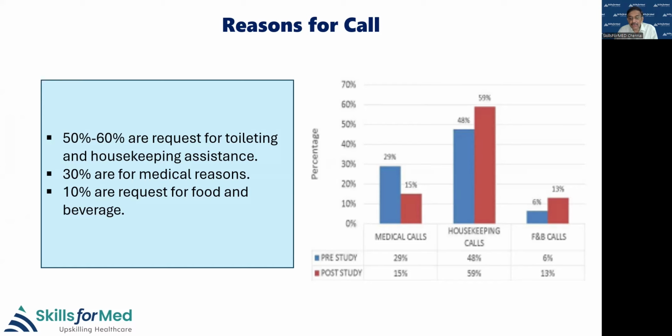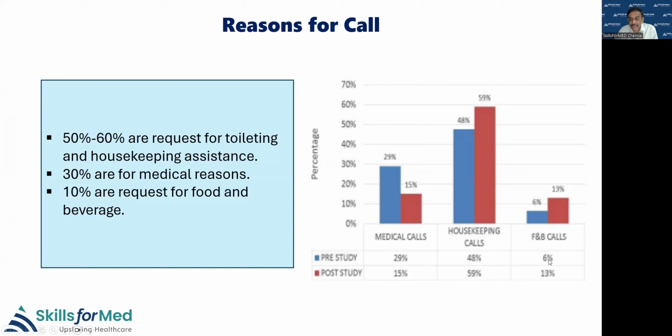But if you implement purposeful rounding, as you can see here, the medical calls come down by 15%. Housekeeping calls are more, but you address them in your purposeful rounding and call housekeeping even before the patient calls you by ringing the call bell. Food and beverage calls are also a little bit more, but it doesn't really disturb you.